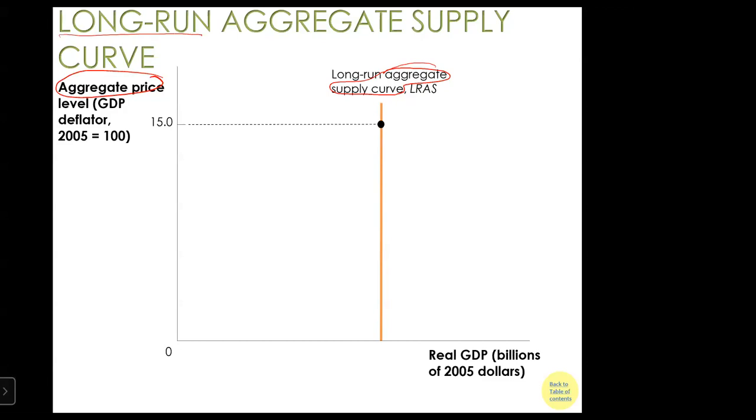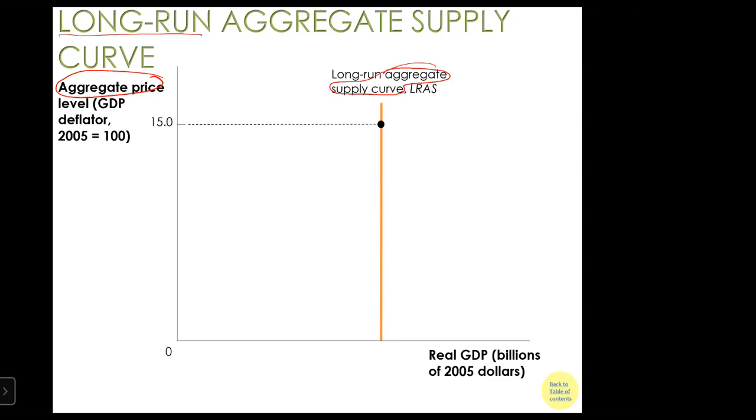If the economy has enough time to respond by adjusting nominal wage, then the story we talked about regarding short-run aggregate supply, when the price changes in the short run, the profitability of a business will adjust, won't exist anymore.